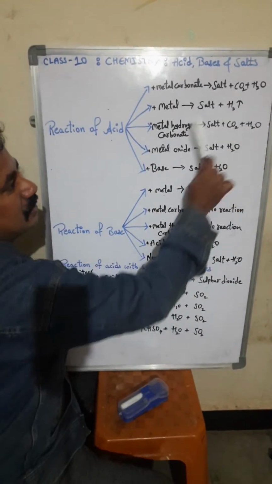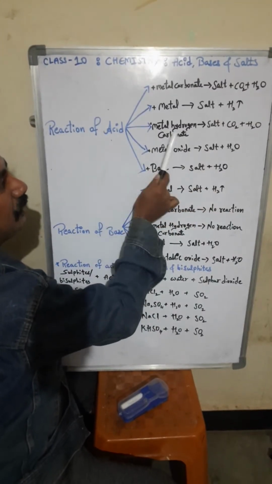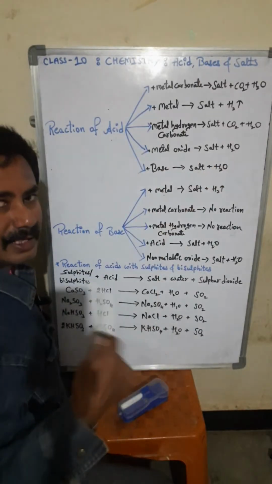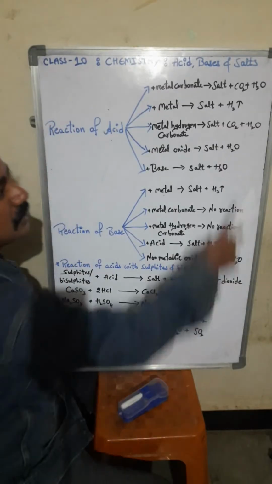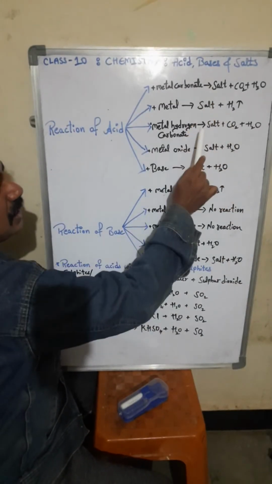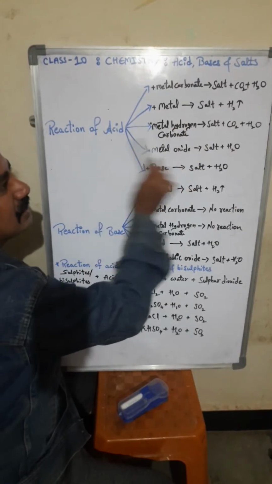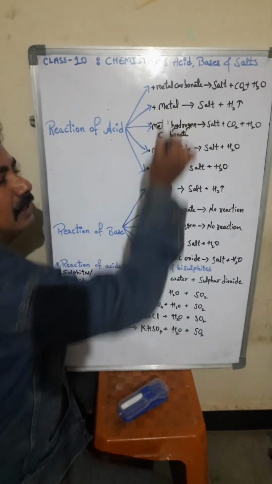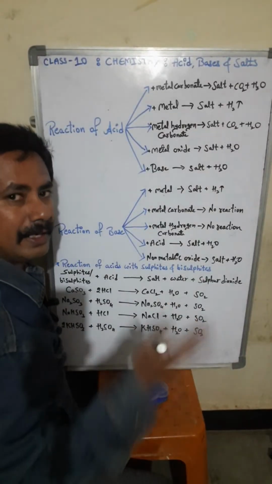This side is known as the reactant and this side is known as the product. Metal carbonate and metal hydrogen carbonate, when they react with acid, give the same result. But when acid reacts with metal, salt plus hydrogen gas is liberated.